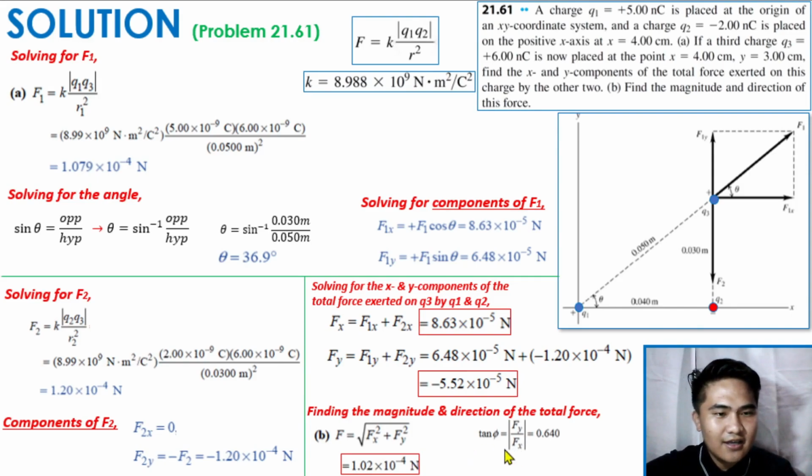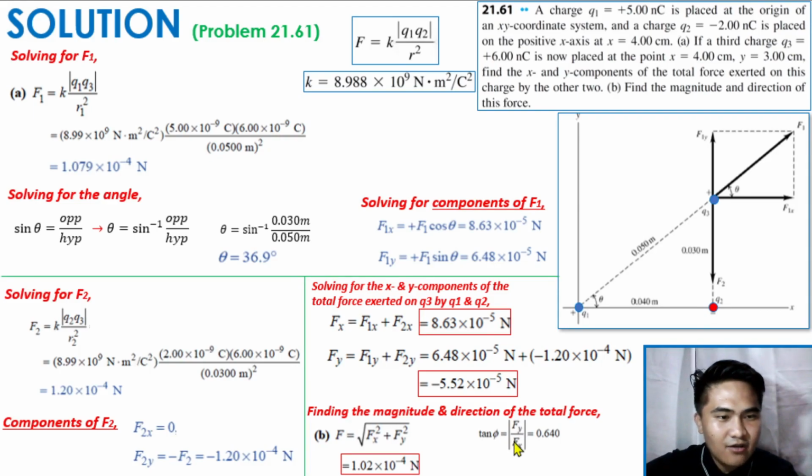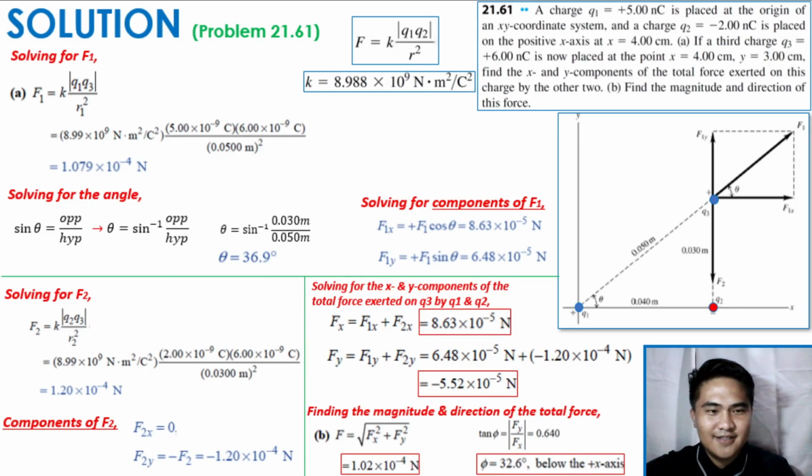And for the angle, we have this tangent phi equals Fy over Fx, and we will get phi, or the angle of the total force, is 32.6 degrees, and that is below the positive x axis.